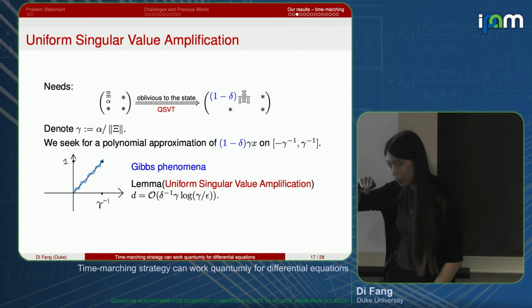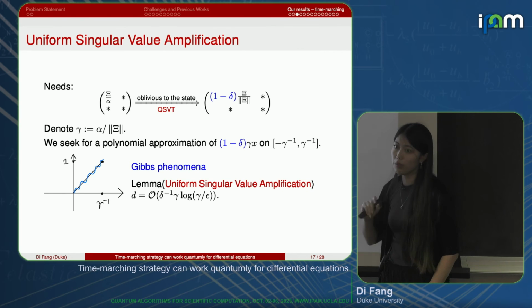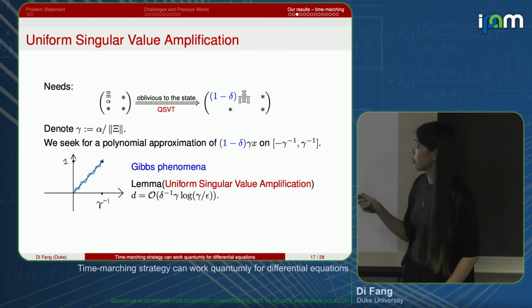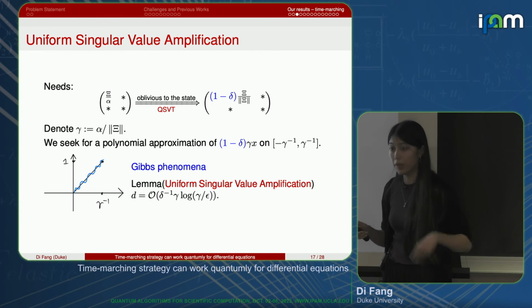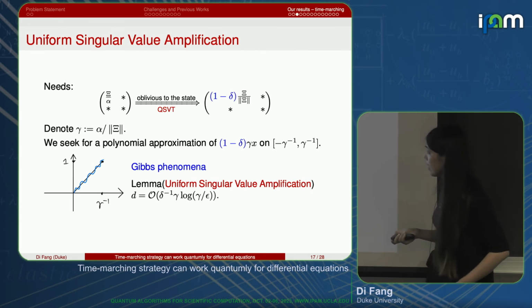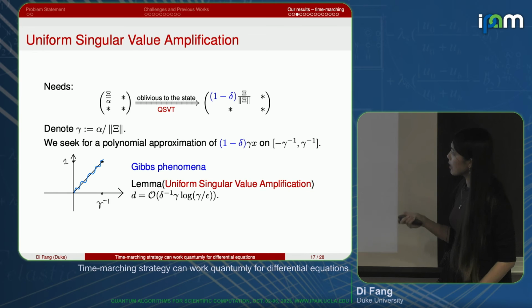We can make the polynomial a little bit lower to overcome this overshooting in order to make it work. So this is how delta comes in. We cannot perfectly reach that point. However, using this, we still can do uniform singular value amplification, which has this degree of cost. So at each time step, you boost the subnormalization factor using this trick, and this is the cost that you pay.